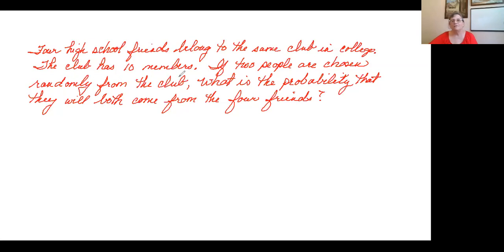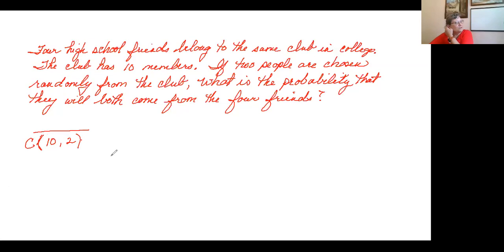This is a very, very similar problem. We have a total of 10 people to choose from. So our total possible sample size, let's stick to the notation in this book, is that we are going to choose 2 out of 10 people.